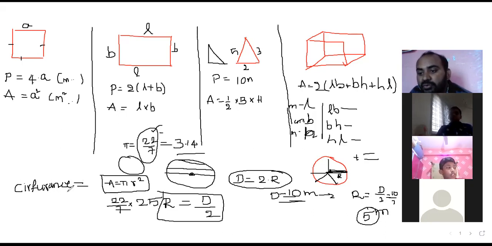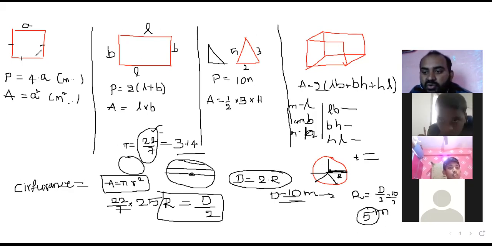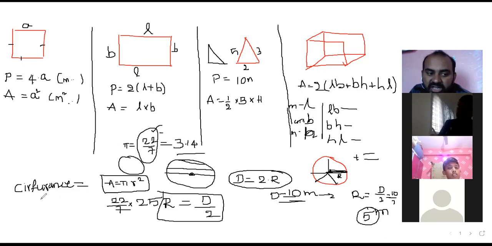Circumference is nothing but perimeter, but we use this word for circles, while for closed figure diagrams like square, rectangle, triangle, cuboid, the name is perimeter. Now coming to the circle, the name is circumference, but both meanings are the same: the total length around. So the circumference formula for the circle is 2 into pi into r, 2 pi r.